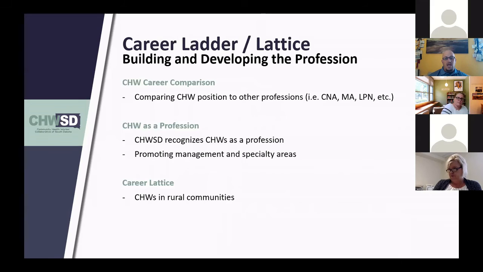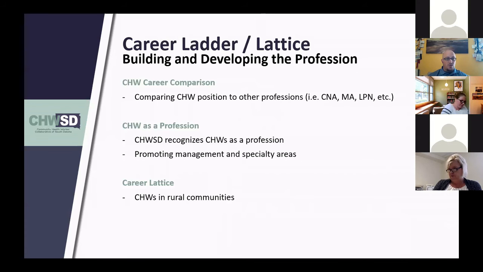And we've seen this through the community health representatives through IHS programming, and that they have CHRs who have been working for 20, 30, 40 years since IHS introduced community health representatives back in the late 1960s. So we really don't want to look down upon the profession. We really want to recognize it as a strong and growing profession in South Dakota, and really as a collaborative provide that support for community health workers.